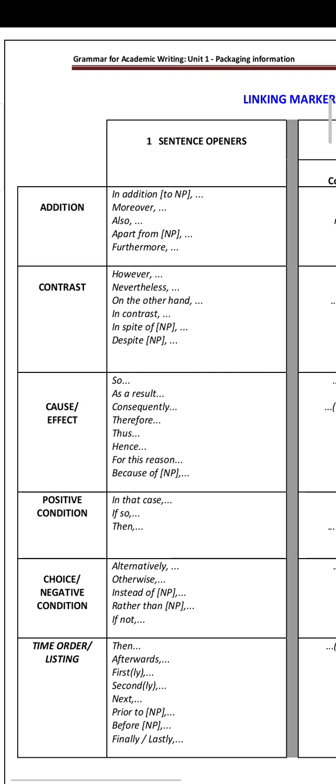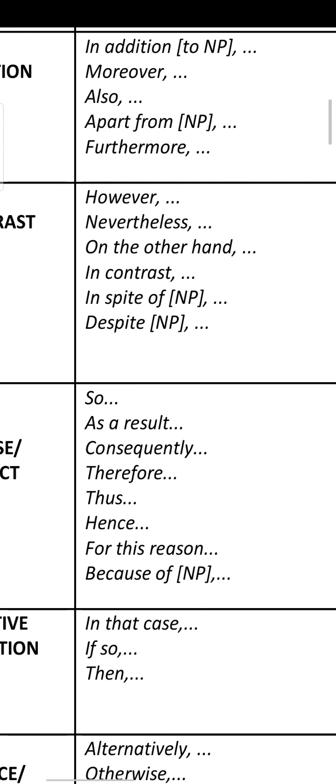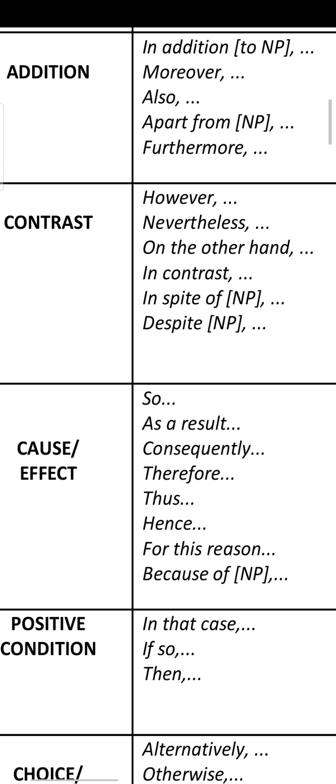Don't get it wrong. "Despite" is not followed by "of", but directly followed by a noun phrase, and "in spite of" followed by a noun phrase. Okay, you can check the meaning in your dictionary.